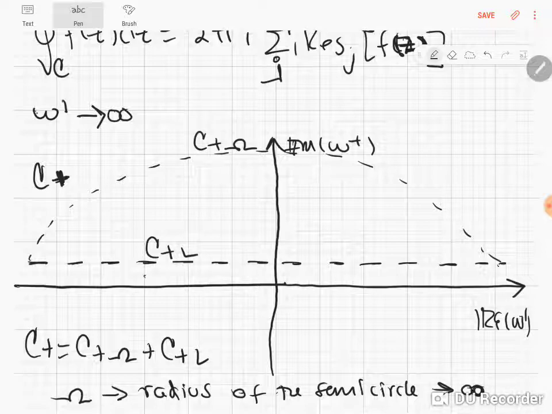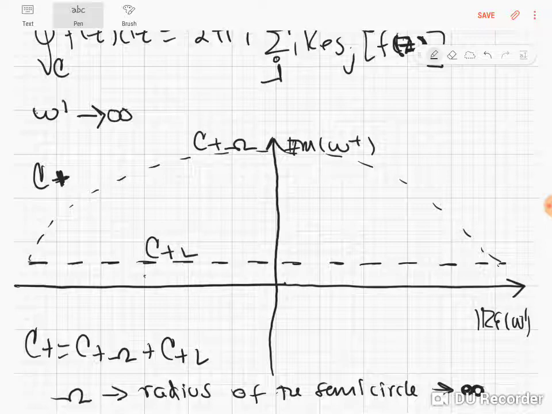Okay, this is important because if the semicircle will enclose any given pole, then the poles can have infinite imaginary part, and this is something that we're looking for.